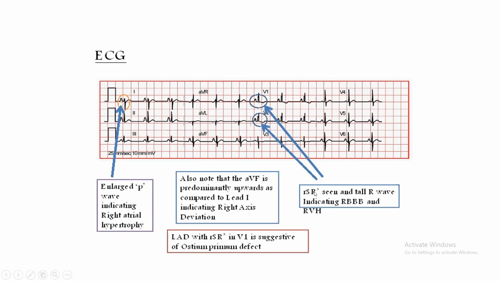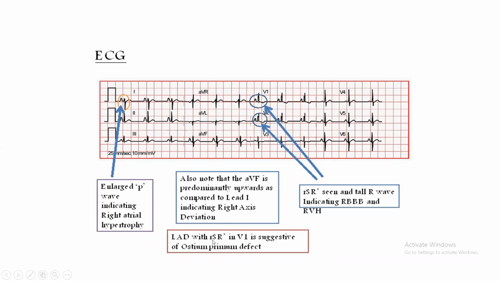And an RSR pattern, the RS wave on the right side of the chest, and a tall R wave indicating RBBB and RVH, which stands for right bundle branch block and right ventricular hypertrophy.